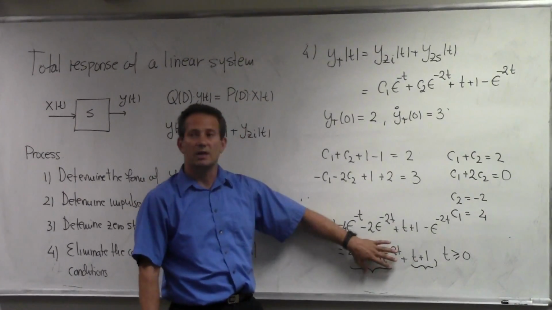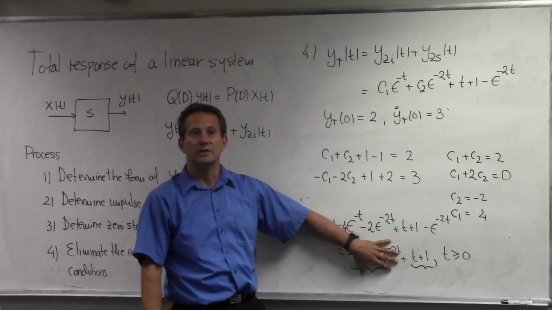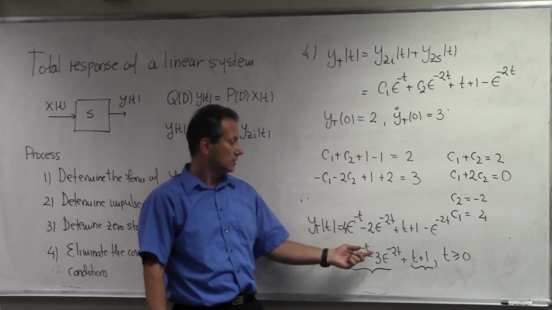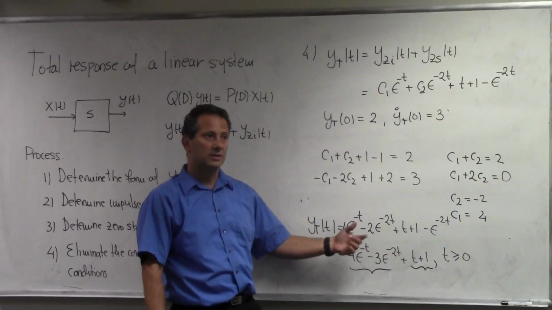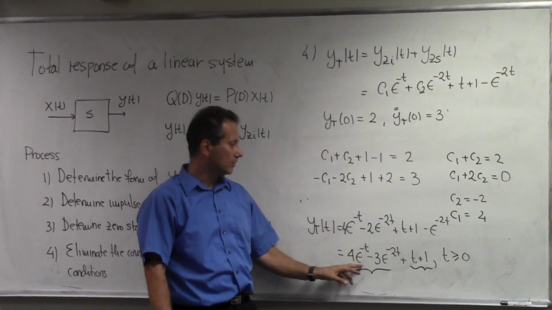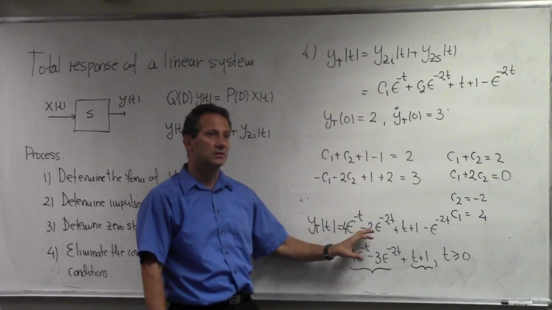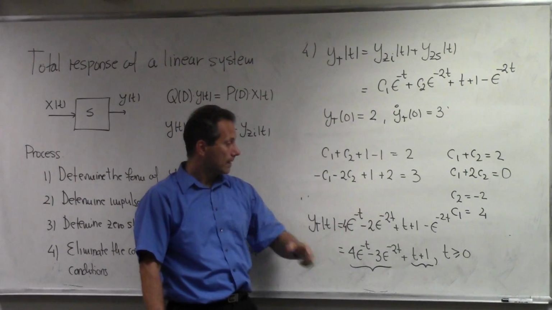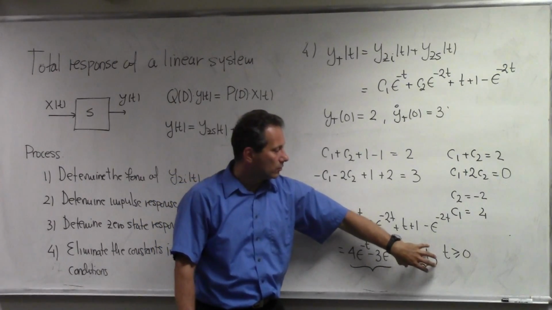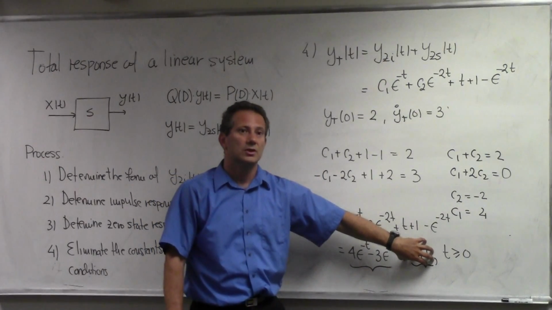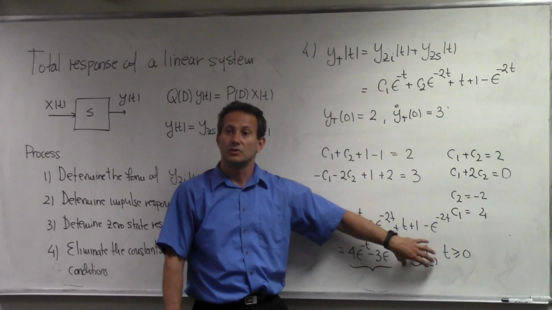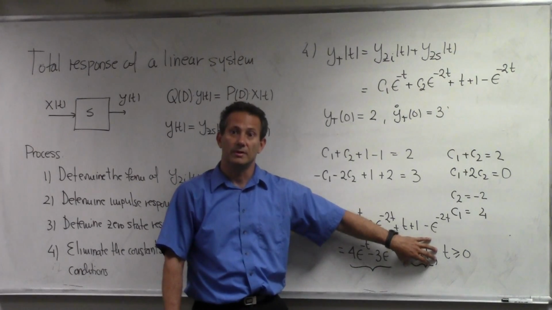And these transients are the ones that are going to eventually die in every stable system. Why? Because every stable system has, otherwise, if it doesn't, then the system is unstable. In all stable systems, these transients, the characteristic modes, are dying exponentials. And then you have this one here, which kind of resembles your input. Your input is a polynomial, so your output is also a polynomial, right?